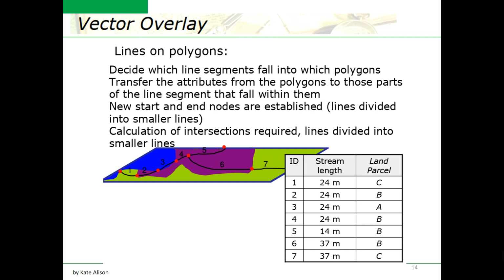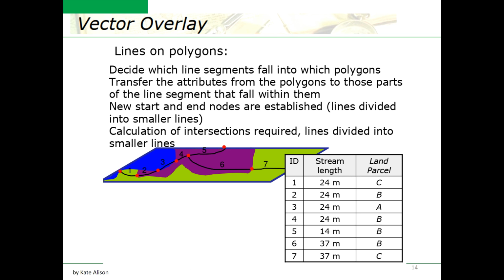When we overlay our line layer with the polygon layer, the first decision to be made is which line segments fall into which polygons. Then the attributes from the polygons are transferred to those parts of the line segments that fall within them. Again, the new start and end nodes are established and lines are divided into smaller lines, and calculation of intersections is required.